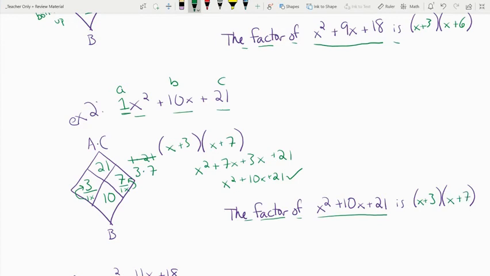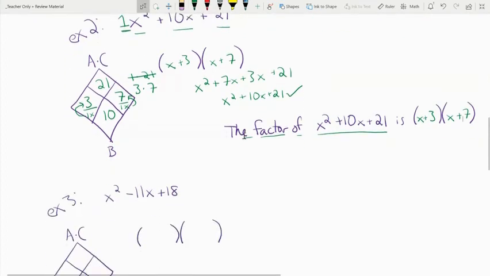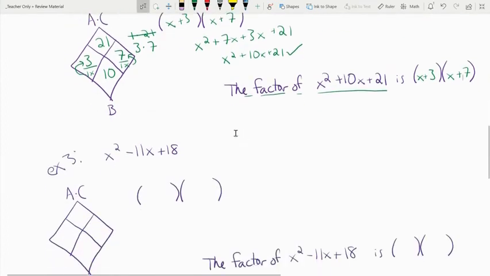Okay, 2 more examples to take a look at. All right, now so far we've only been dealing with positives. This example is going to pull in a negative, and let's see how that affects it. So we have to assign our A, B, and C's. Remember, A goes there, here's B, and here is C. A is that invisible 1, and we know in the top of the diamond right here, we're going to put A times C, which is 18.